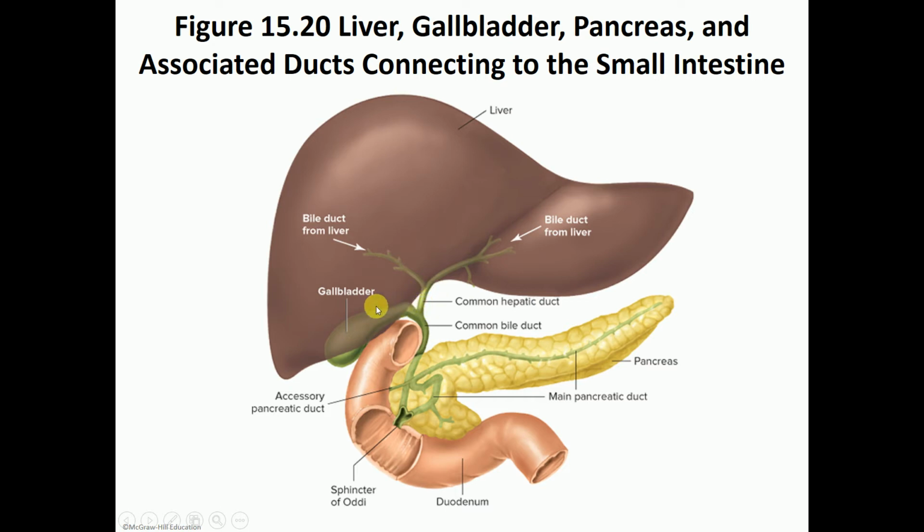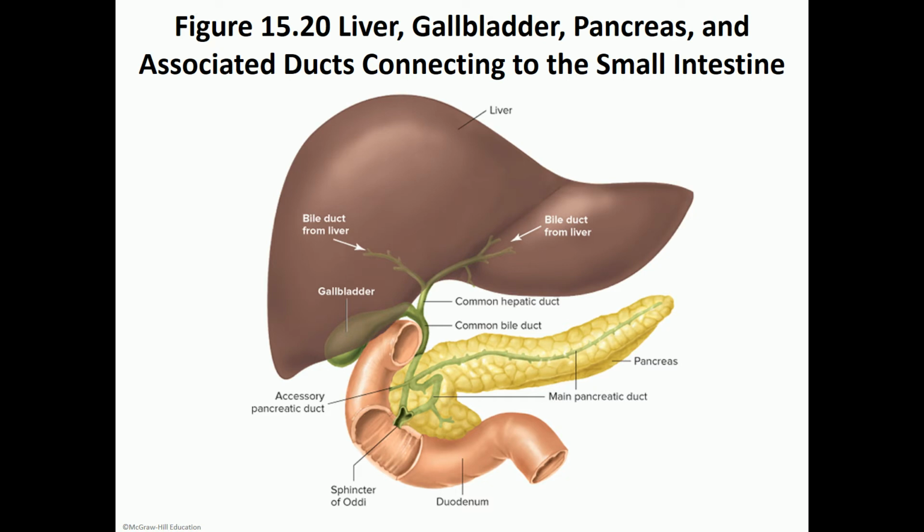If it will be stored in the gallbladder, it would do so, but when it's time for it to be released, it'll go down through that little tiny short cystic duct. That cystic duct combines with the common hepatic duct to make a common bile duct, and the common bile duct goes all the way down in order to open and release its contents into the duodenum.